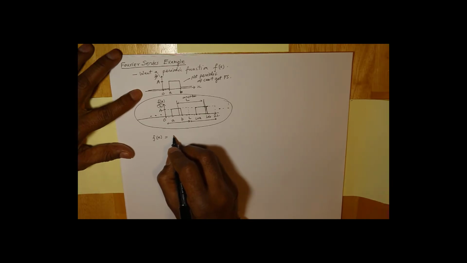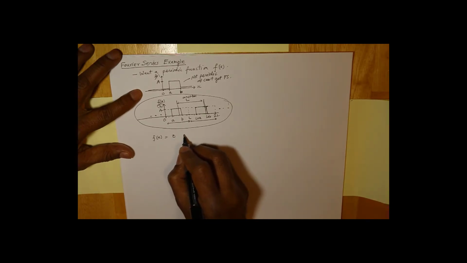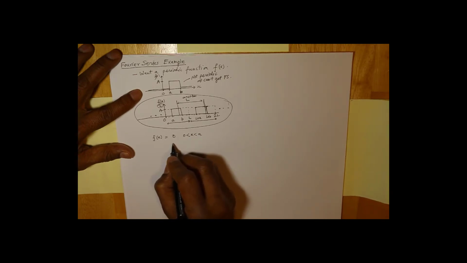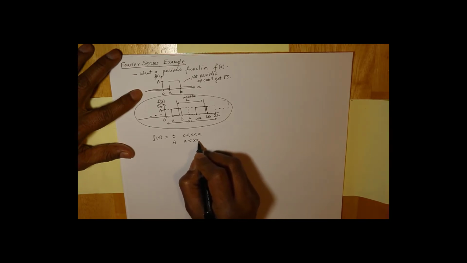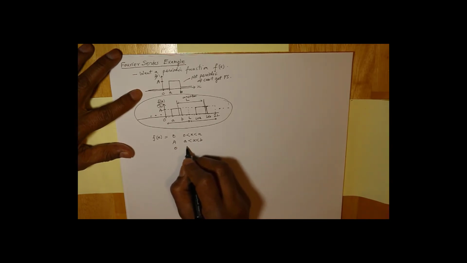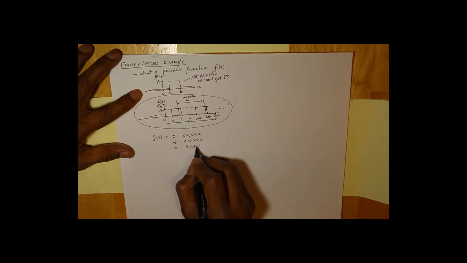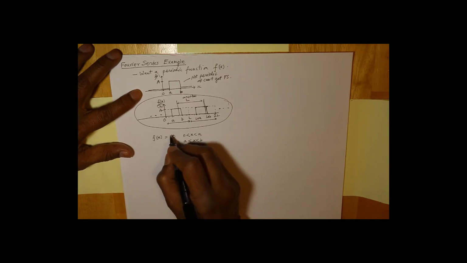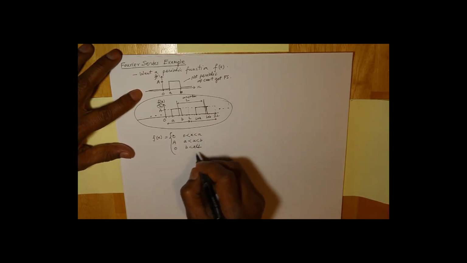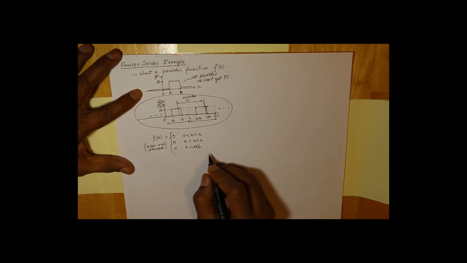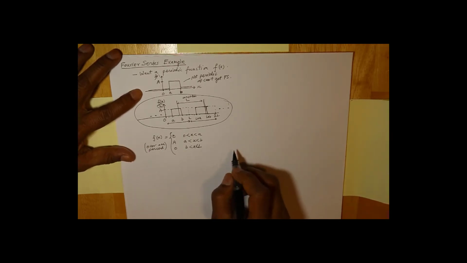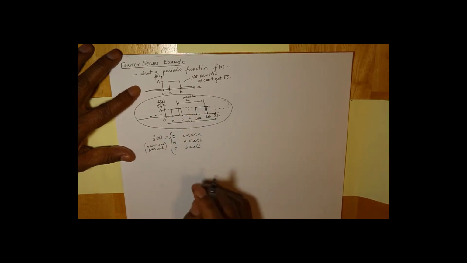It's 0 between 0 and a, and it's A between a and b, and 0 from b to L. So this is over one period. That's what I need, and I don't need anything outside of this because we already know it's all periodic and it repeats.